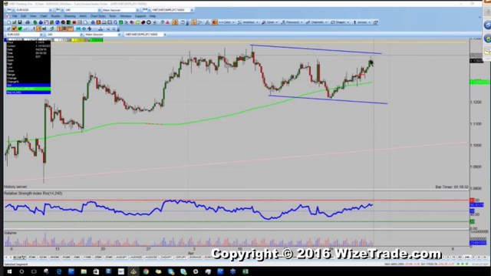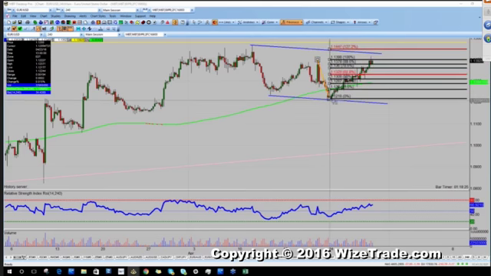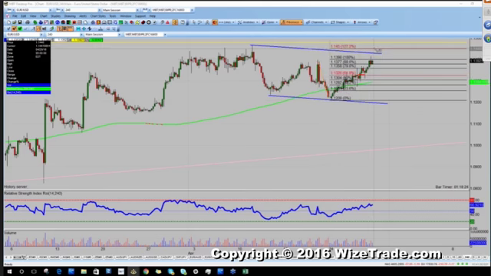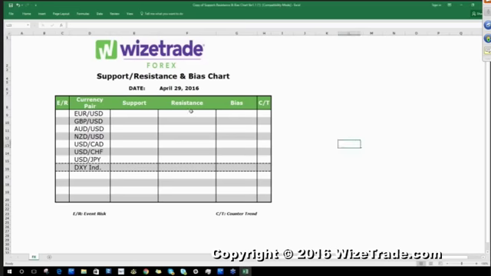And so we should have resistance up here. Now, if you take the 127% extension of this move, that takes us a little higher, maybe 114.50, which is possible, but right now I'm probably going to end up marking up the 114.50 resistance for now.